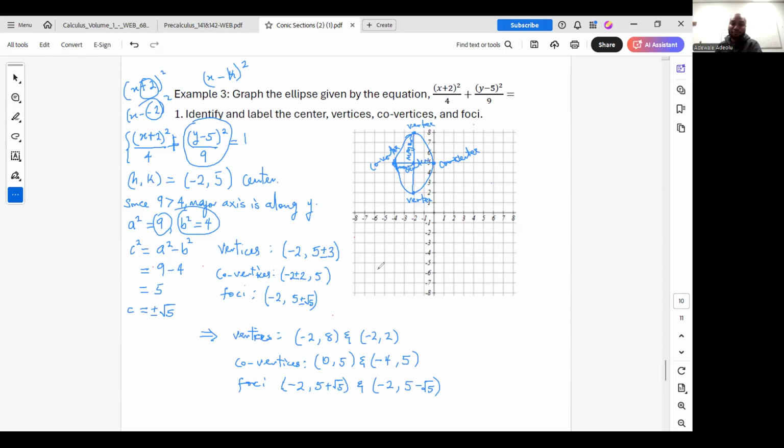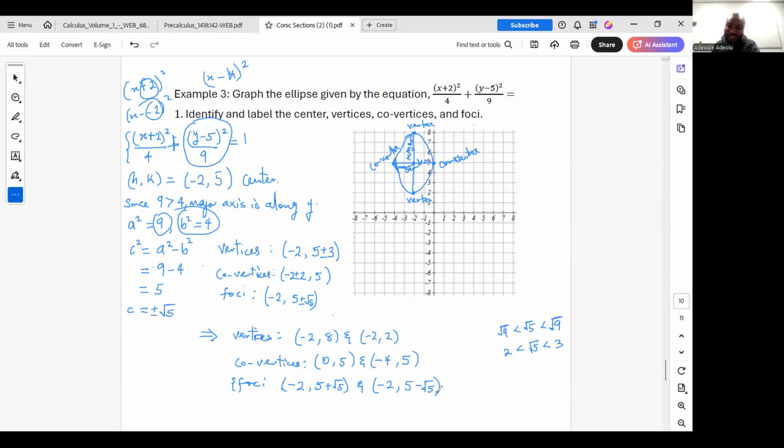So, guys, the last thing we do is the foci. When x is negative 2, y is 5 plus square root of 5. Again, let's do the same thing. Square root of 5 should be between square root of 4 and square root of 9, so that will be between 2 and 3.